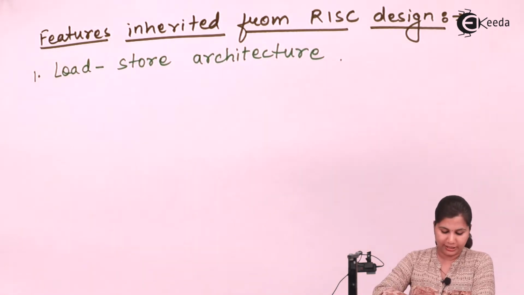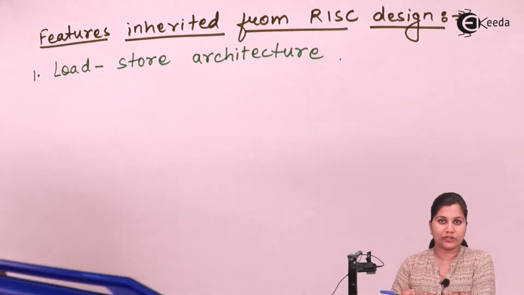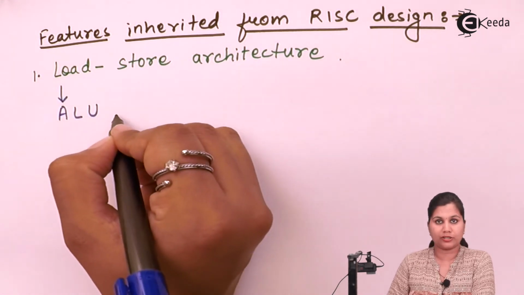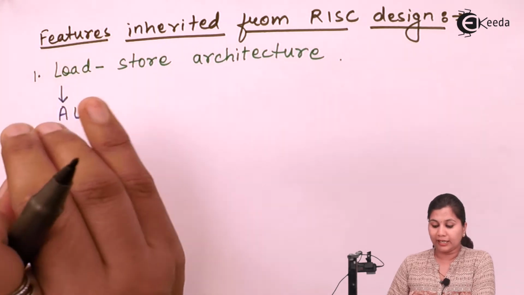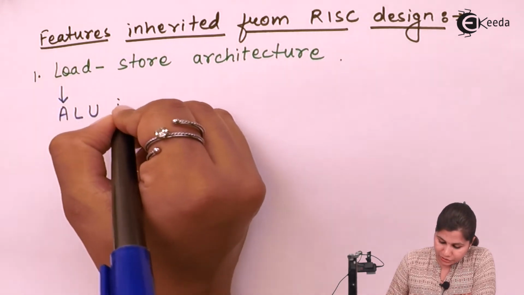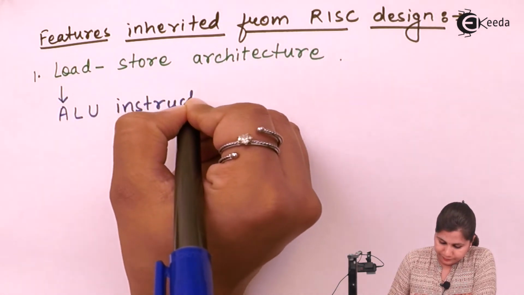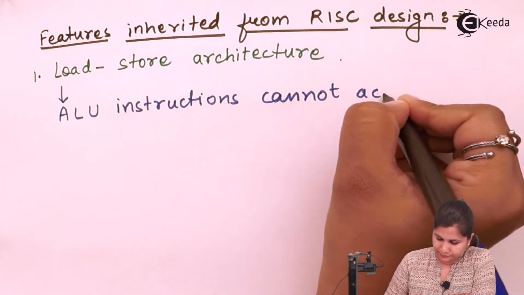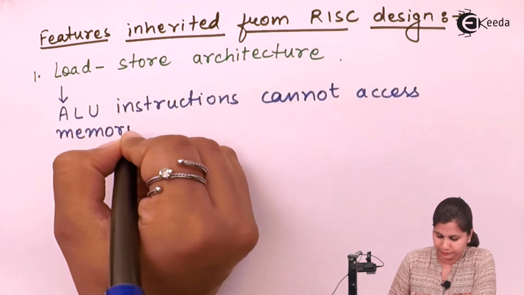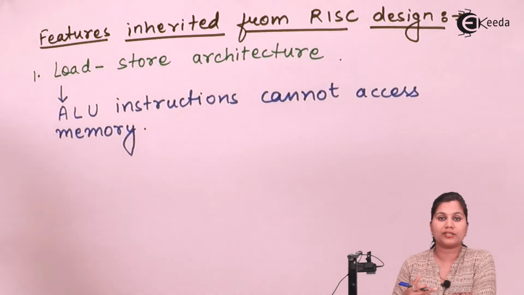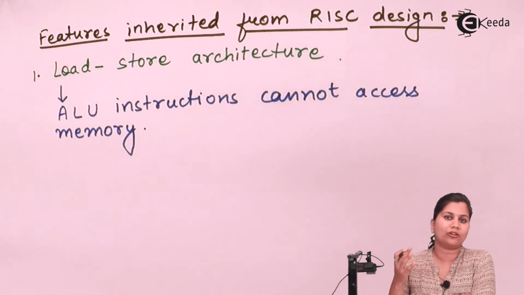By the load store architecture, we mean that the ALU instructions, ALU meaning the arithmetic and the logical instructions in the processor, are not going to access the memory. So with the memory we cannot do arithmetic and logical operations like addition, subtraction, logical and, logical or.